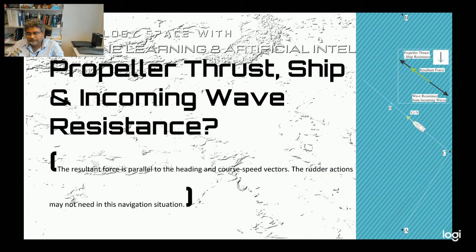You should also note that rudder actions may not be required in this situation, because the wave resistance of the incoming wave may not create a yaw moment on the vessel itself.